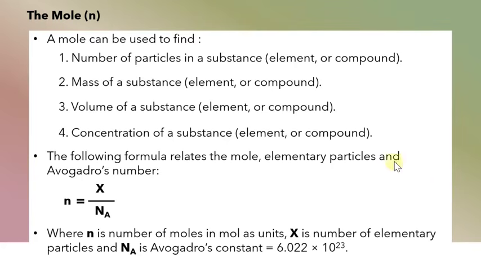So this is the formula which connects the number of moles, number of elementary particles, and also Avogadro's constant. Okay, so that is what you must understand. n here stands for number of moles. What are the units for moles? It is mol. Then X is number of elementary particles, then N_A stands for Avogadro's constant. So this formula is very important in mole concept.